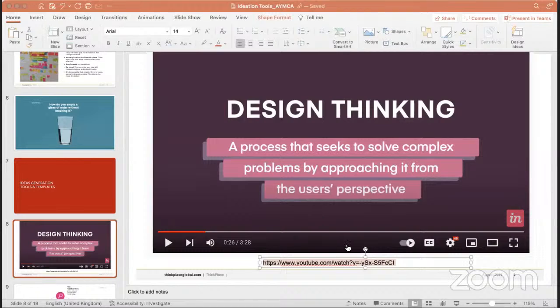A long time ago, if humans wanted to move something, and as time went on, we were able to solve this problem and millions of others. In life, we're always bumping into new problems, and while we have the desire to solve them, it's often hard to find the right solution, or even know where to start. That's where design thinking comes in. Design thinking is a process that seeks to solve complex problems by approaching it from the user's perspective.